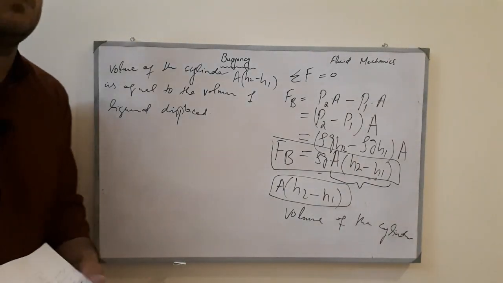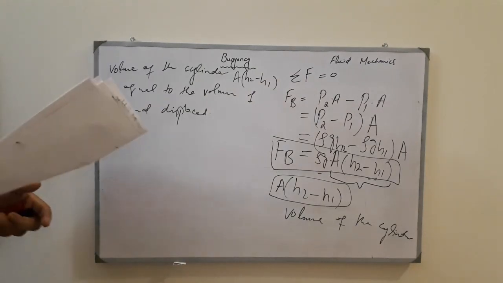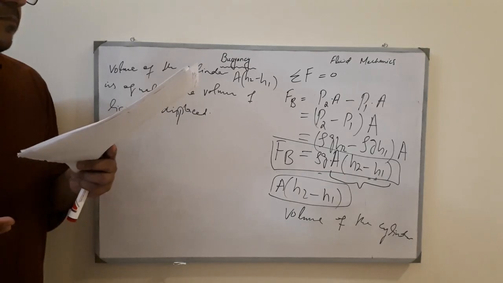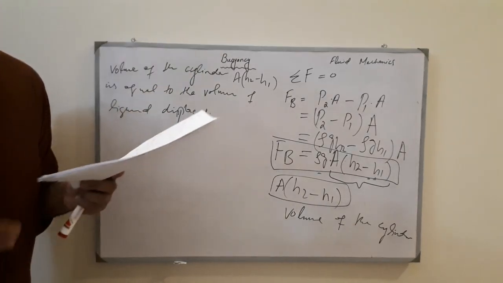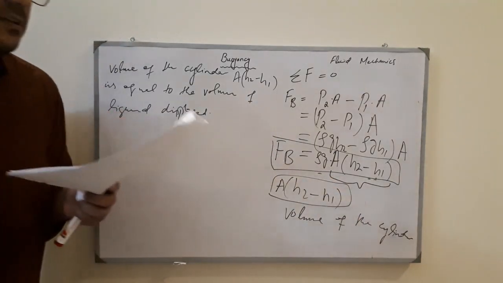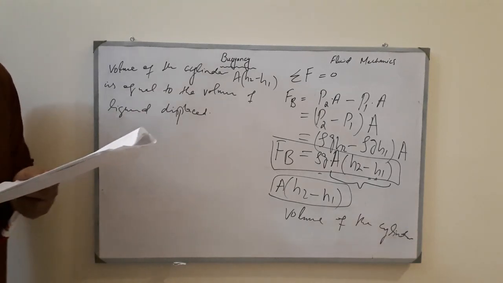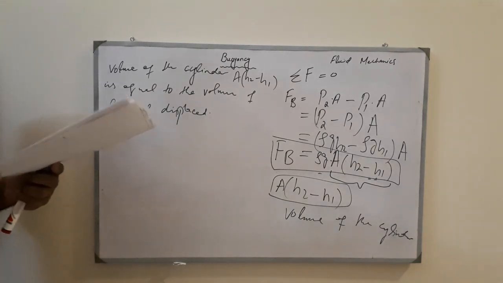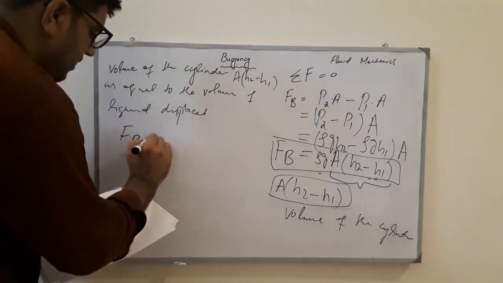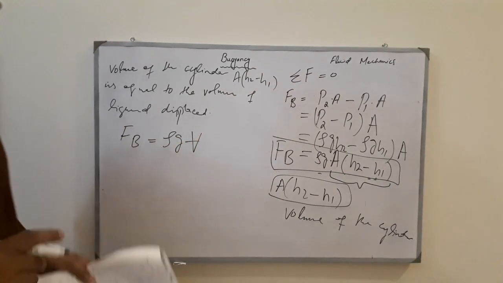Like in the first section where we studied the buoyant force concept, when we immerse the cylinder in the liquid, the matter occupies space. When we dip something, it will occupy some space equal to the volume of the displaced liquid or fluid. So the buoyant force is equal to rho g and this volume.